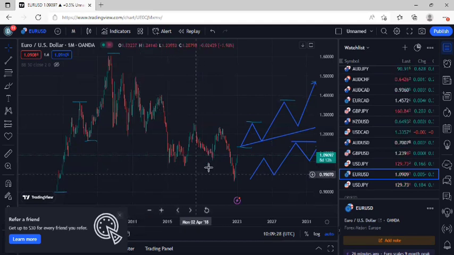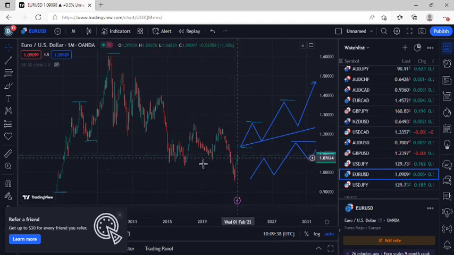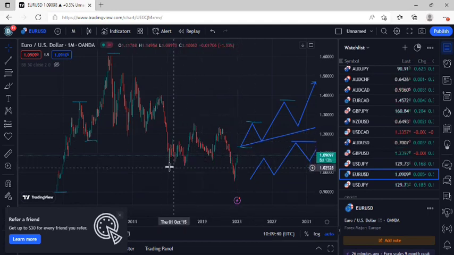For example, since this guy here has broken this previous low that we have here, that means this trend is continuing. This downtrend is going to continue, because this has confirmed the trend downward.